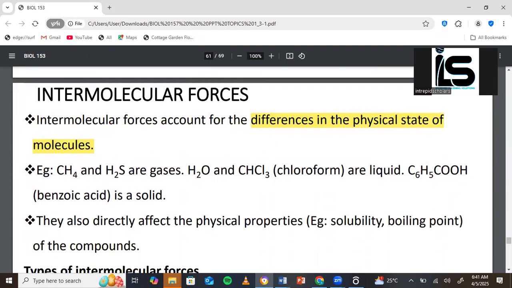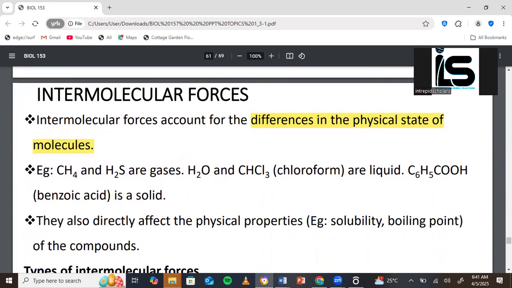Now let's introduce ourselves to intermolecular forces. The first important thing to look at is that intermolecular forces are responsible for the physical property and the physical state of molecules. The physical state of a molecule is a result of the intermolecular forces.